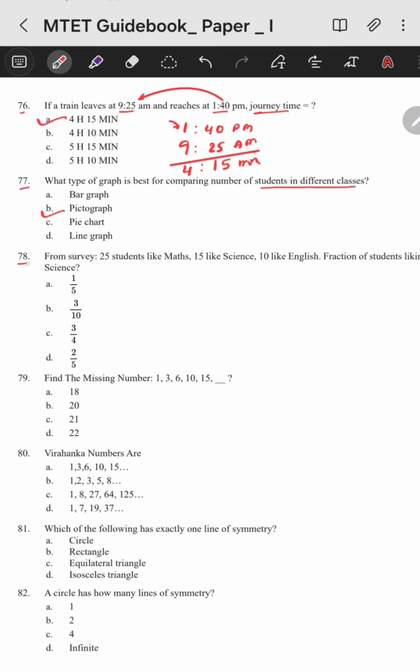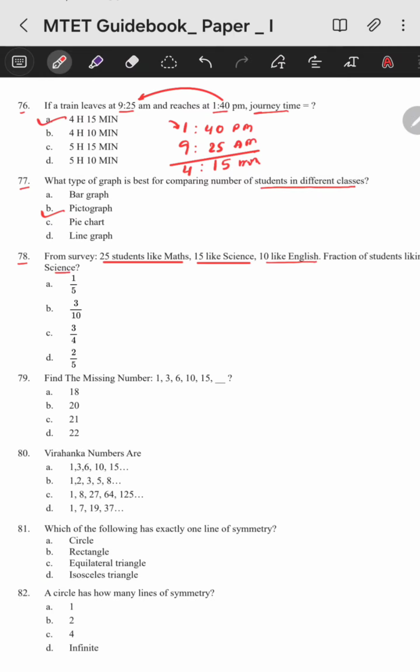Next question number 78, they ask here, from a survey, 25 students like maths, 15 like science, 10 like English. What is the fraction of students liking science?